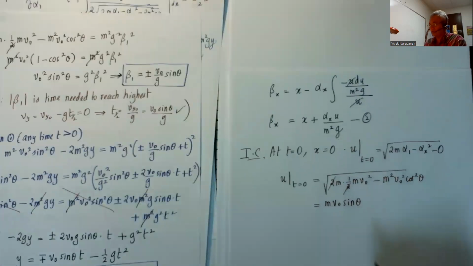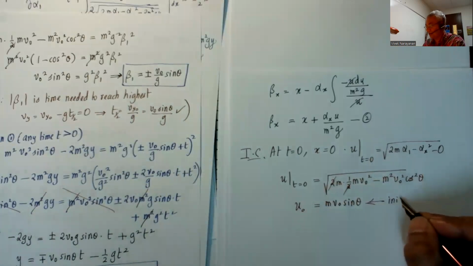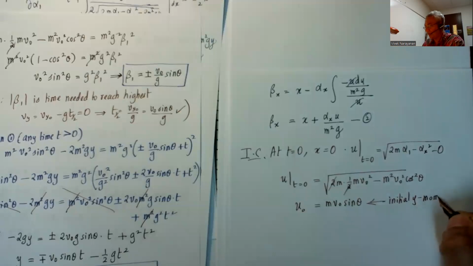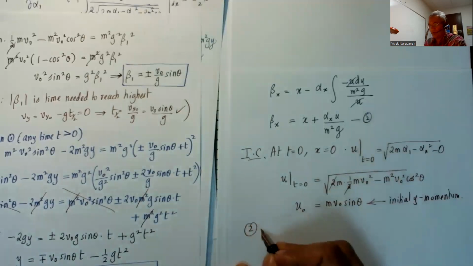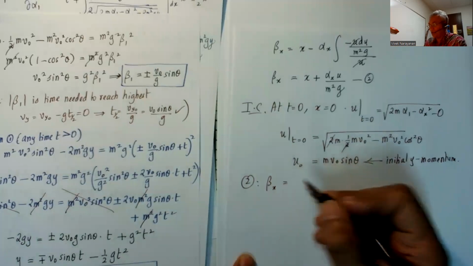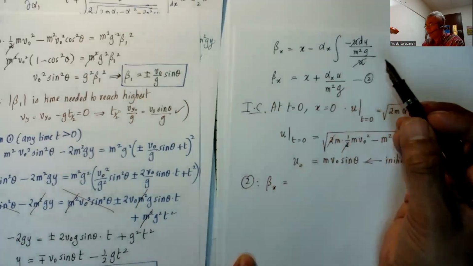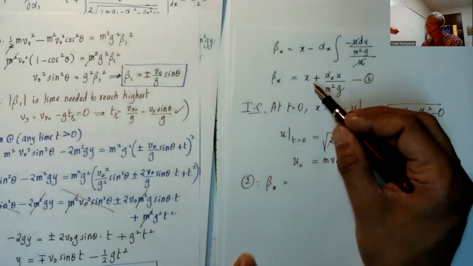It is u naught is just the initial y momentum. No surprise there. Going back to equation 2, I'm going to get beta x equals, remember, x equal to 0 initially.